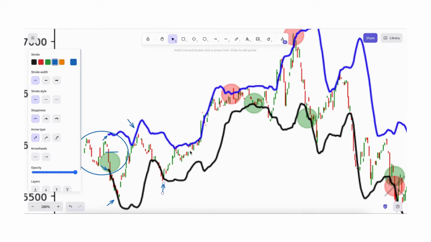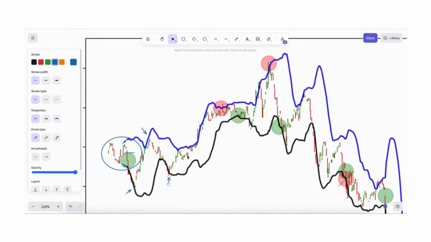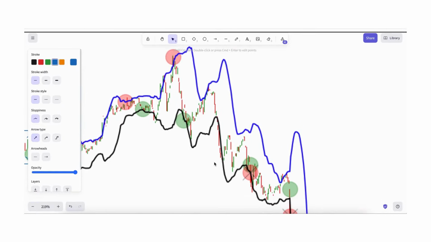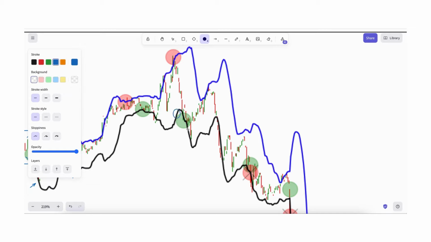But that doesn't always mean that we are going to make a profit if we were to use that as an indicator. For example, here we touch the lower Bollinger Band and we take a trade here, which is in green. We enter a trade, but this trade ends in a loss because we never hit our take profit percentage.